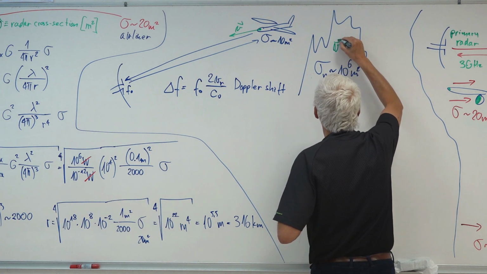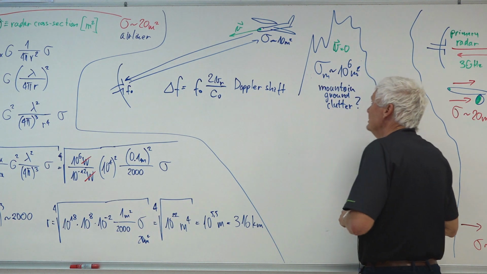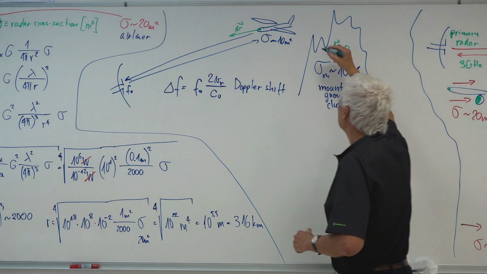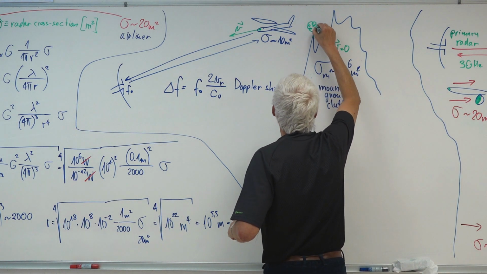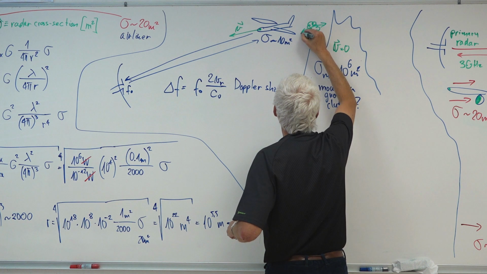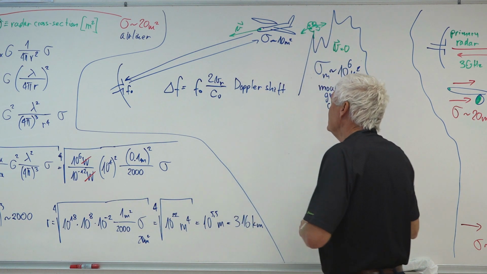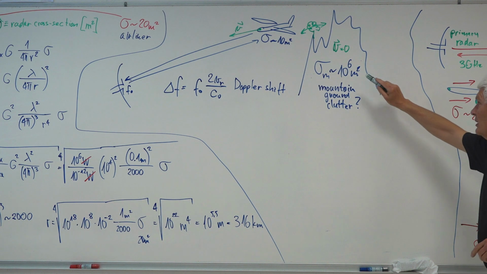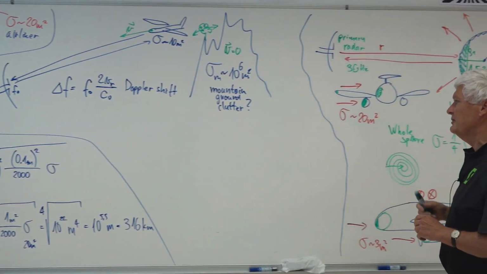The mountain has a velocity of 0. Not really 0, something is changing also in the mountains. You may have trees here, and these trees can be moving back and forth in the wind, so they do have some effect on the very strong reflection of the surface of the mountain.